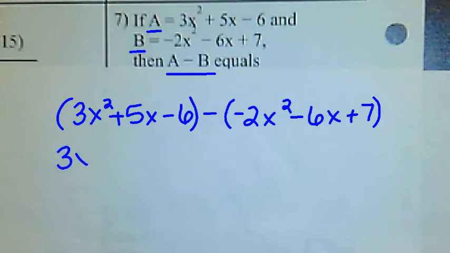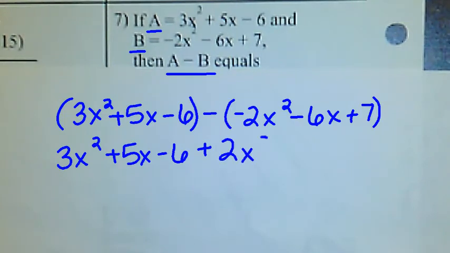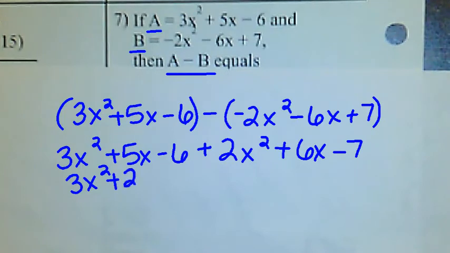So I'm going to rewrite this, keep the first one. I'm going to change this to addition, and then I'm going to change all of these. So this is going to be a positive 2x squared, positive 6x, and a negative 7. I'm going to regroup them just so it's easier to add.